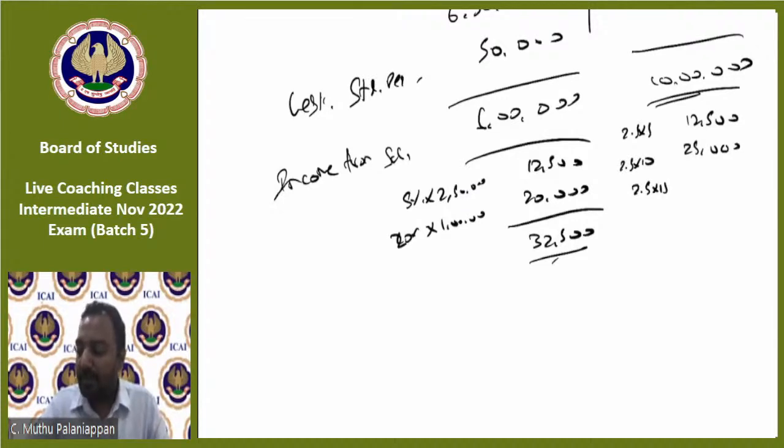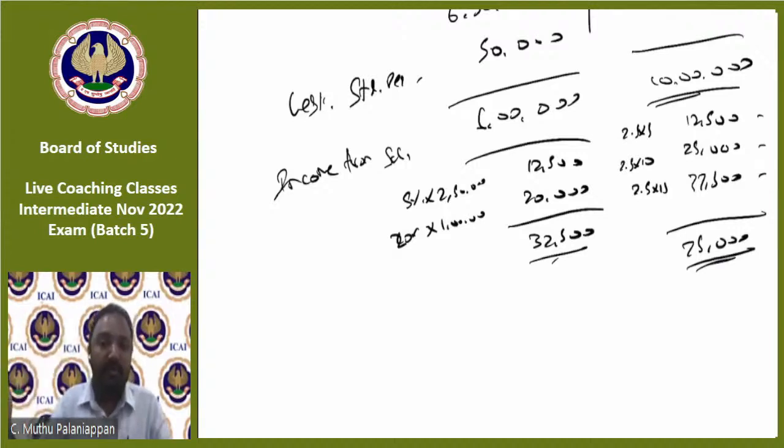This is up to 5 lakhs, this is up to 7.5. For the next slab, I'll be paying 37,500. So my total will be 75,000. If I'm opting for the new slab rate, I'm going to pay 75,000. Rather, if I opt for the old slab rate, I'm only going to pay 32,500. Why? Because I have had the benefit of HRA and other allowances.